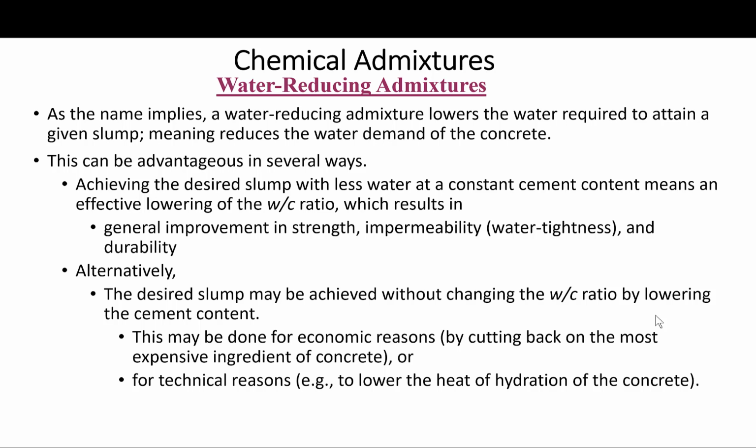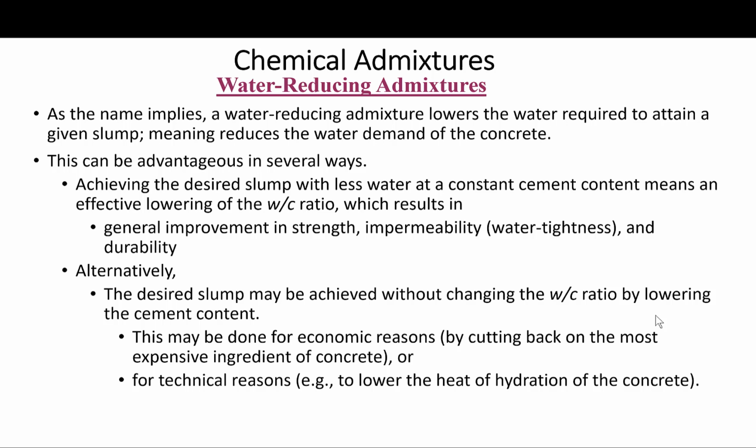First, achieving the desired slump with less water at a constant cement content means an effective lowering of the water cement ratio, with a consequent general improvement in strength, impermeability, the water tightness, and durability, reducing the water, that is.